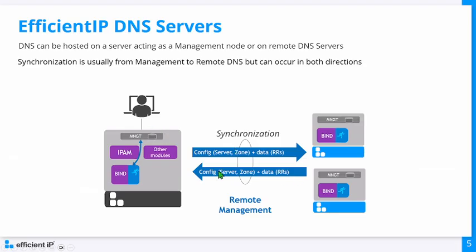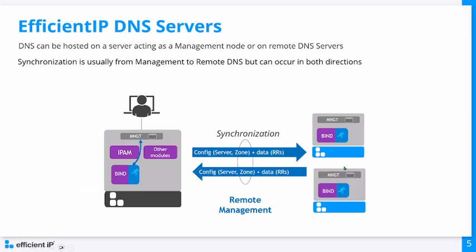You see, there is another direction: the synchronization from the remote DNS config file to the management database. The server config, the zone config, and the data. So the synchronization is two-way, not one-way. Are you clear with that?